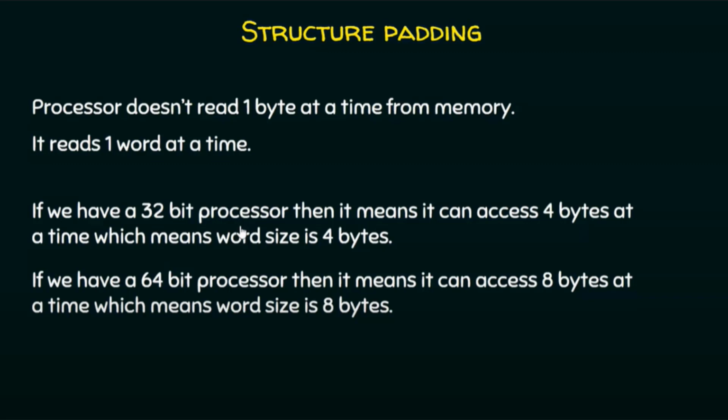The thing we need to understand is that it reads 1 word at a time. So if we have a 32-bit processor, it's accessing 4 bytes at a time, which means the word size is 4 bytes. And if we have a 64-bit processor, it's accessing 8 bytes at a time, which means the word size is 8 bytes.